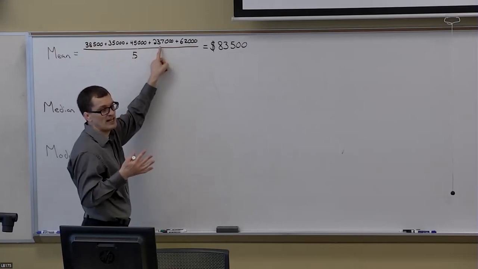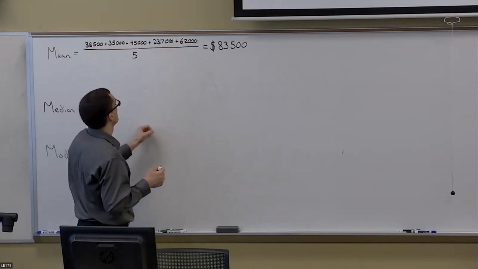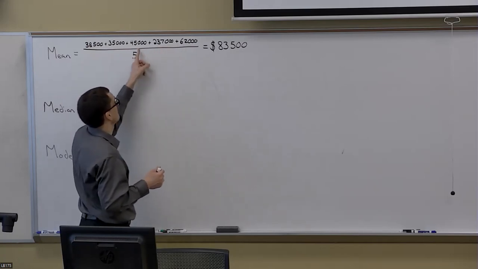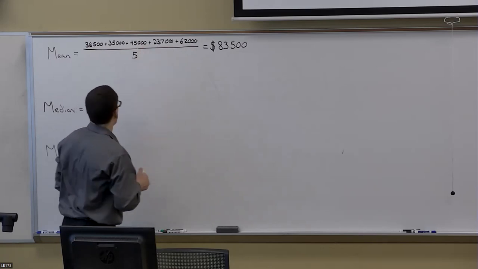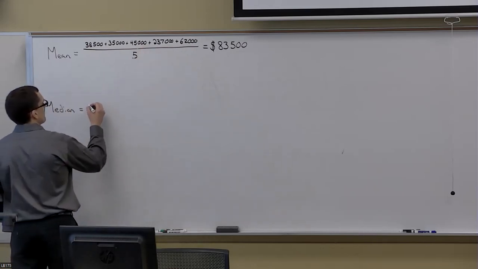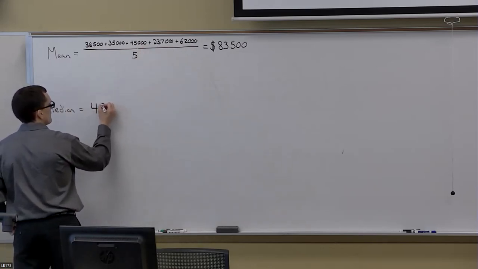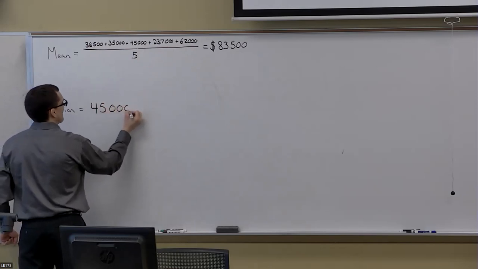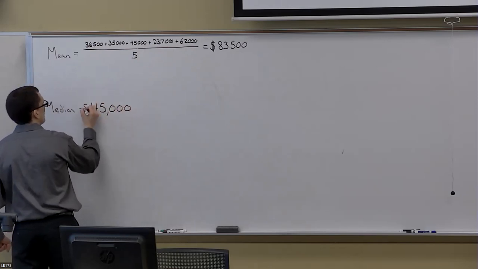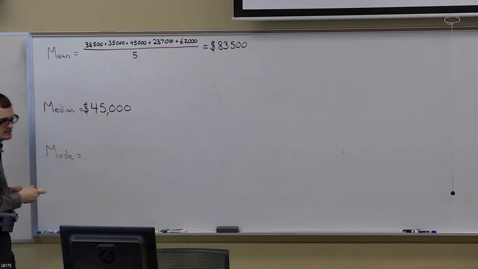But there are 5 numbers, right? And it turns out the middle one numerically is 45,000. Once again, technically it's $45,000 because everything is listed in dollars.